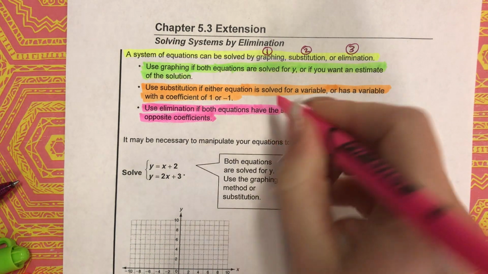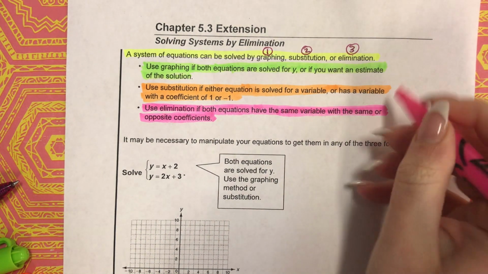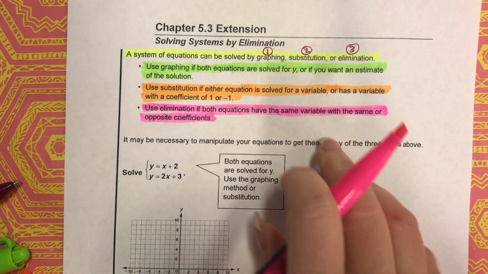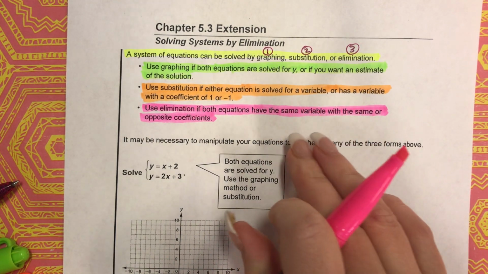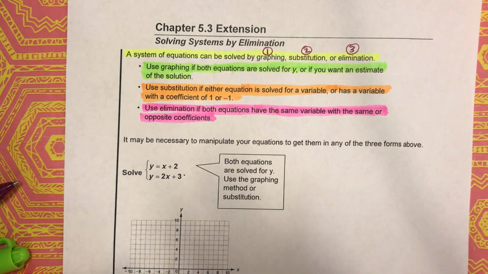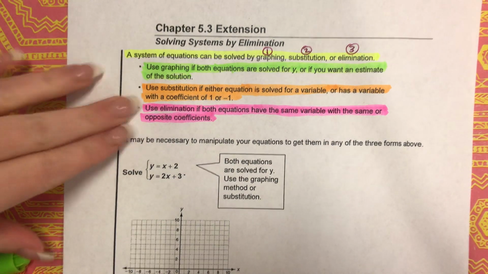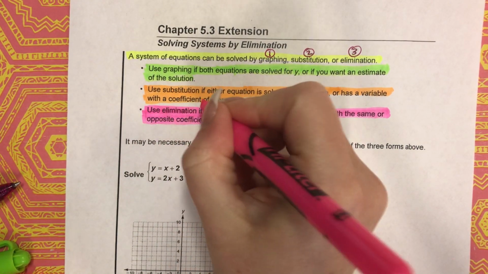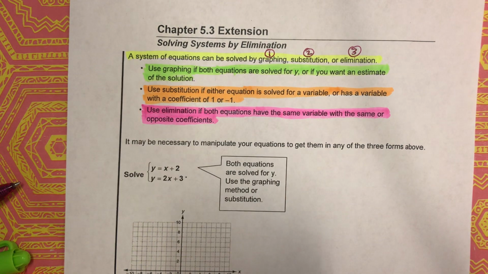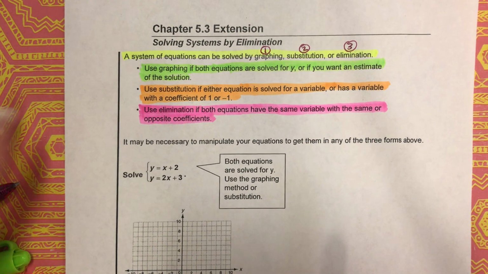So you have the same variable, like 3x and 3x, or ideally a positive 3x and a negative 3x, where those variables can eliminate and you're just left with y's. So this is the strategy, and we're going to apply it as we look at a variety of different examples.